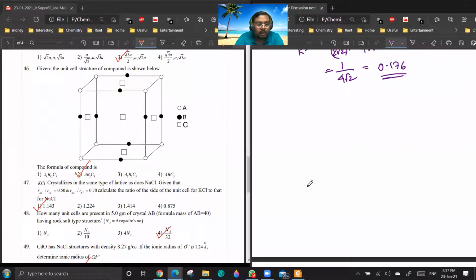See, KCl crystallizes in the same lattice as NaCl, given R of Na plus by R of Cl minus. So the ratio of the side of the unit cell of KCl to that of NaCl.